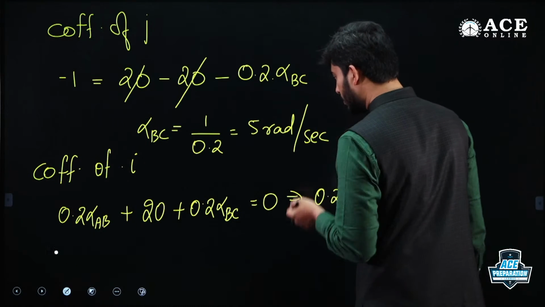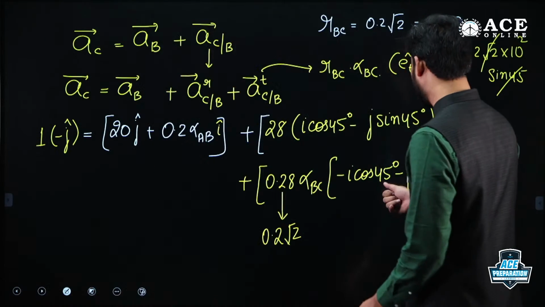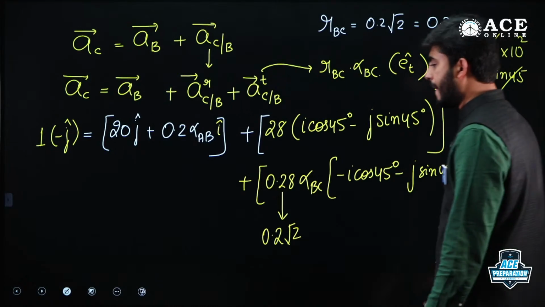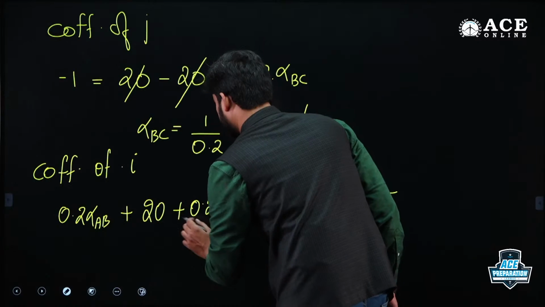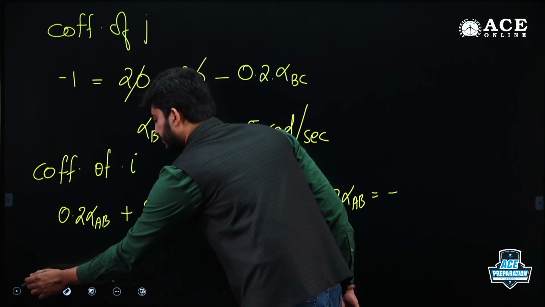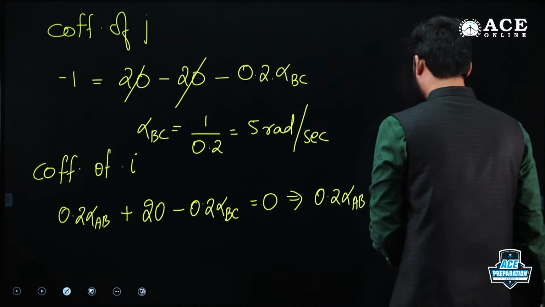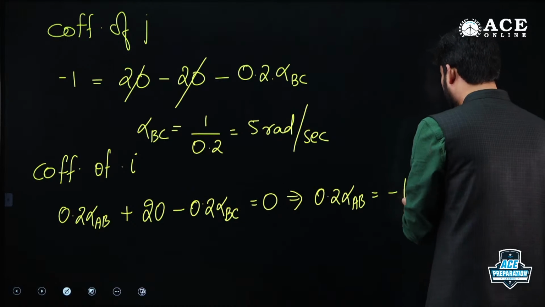Just a minute, guys, I think I have made a mistake here. This should be a negative sign here. So this is a negative value. So this is plus 20 minus 1, that is 19, and it will be minus 19.